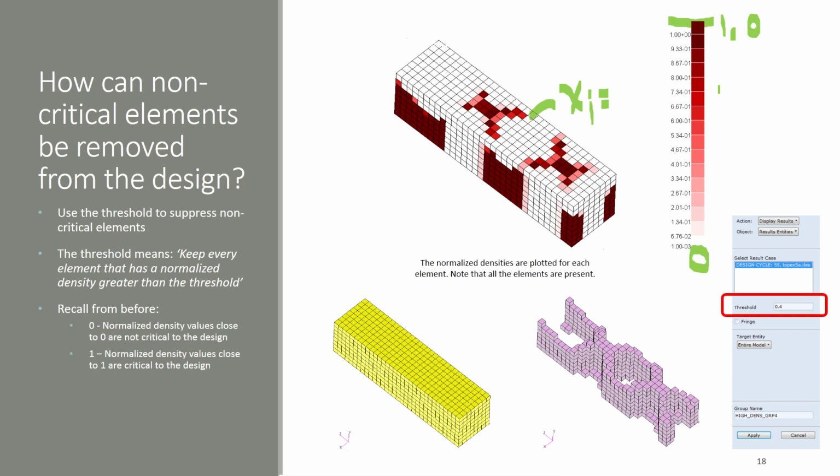Now, what we did in Patran, we utilized this tool with the threshold value. So here you can see that we set the threshold value of 0.4. What this is saying, it's drawing a line in the spectrum.